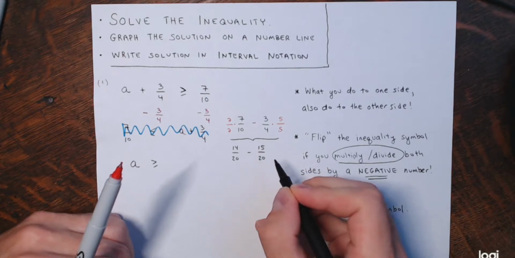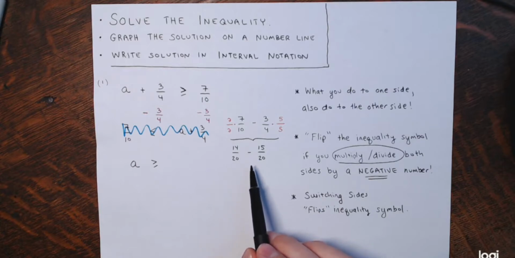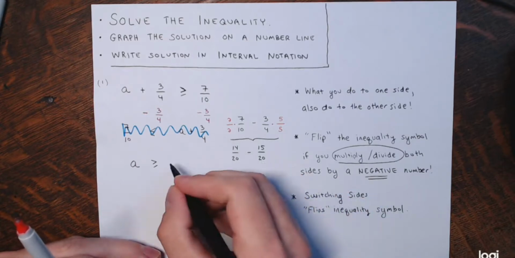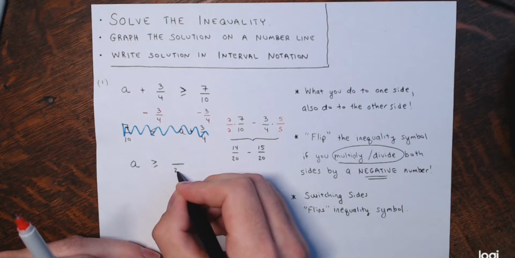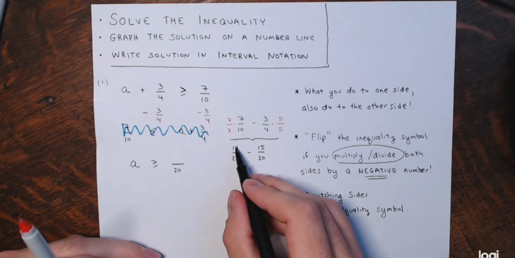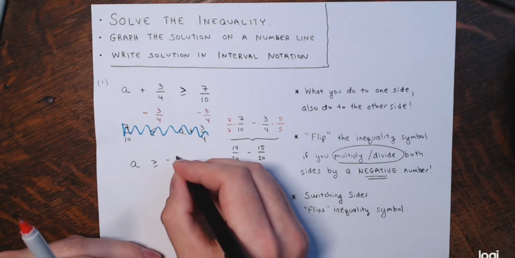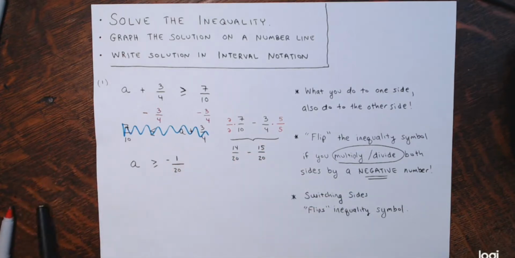Okay. And then once you have that common denominator, then you can do the subtraction. And the common denominator stays, right? So it's going to be 20ths in the denominator still. And you just combine the numerators. 14 minus 15 is -1. Right? And there we go. I have solved this inequality.